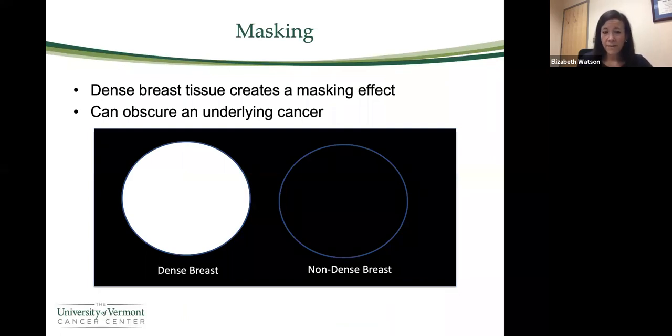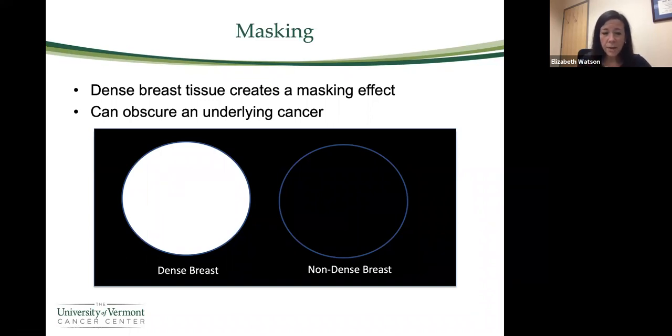The first prong of that answer is what we call the masking effect. And that's what's created by the dense breasts mammographically. I created this graphic to show what we as radiologists, as breast imagers, encounter when we're reading a mammogram on a woman who does have dense breast tissue. On the left, this bright white circle is meant to depict a dense breast.